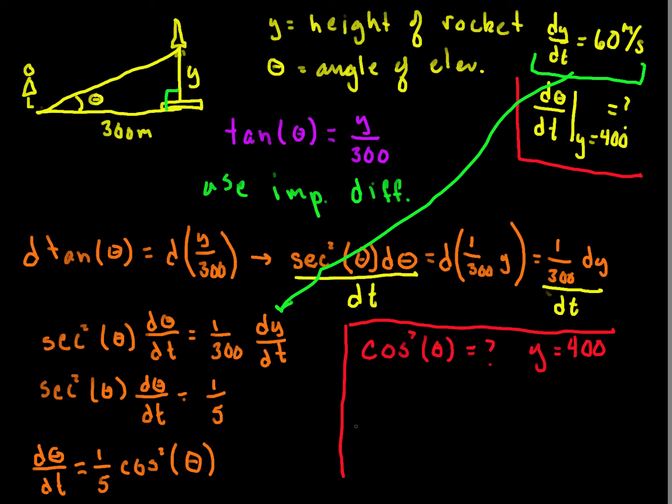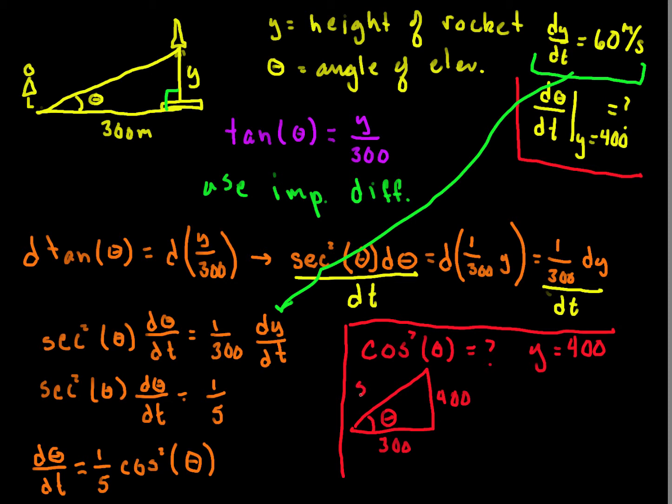Well, I've got my triangle. And so now this side is 300. This side is 400. Here's our angle theta. And cosine is all about the ratio of adjacent to hypotenuse. So I need to know, what is the hypotenuse here? We worked it out in the last problem, actually, and you may be able to recognize that this is related to a 3, 4, 5 triangle.